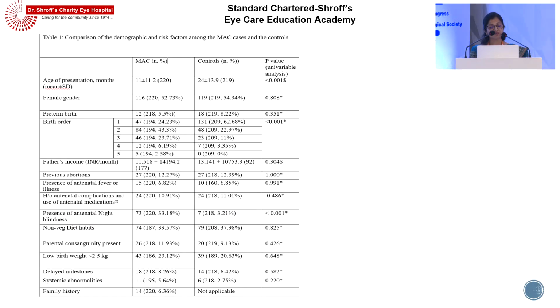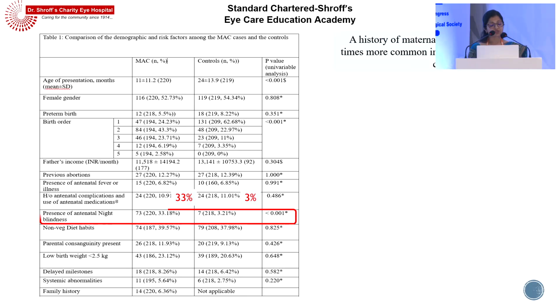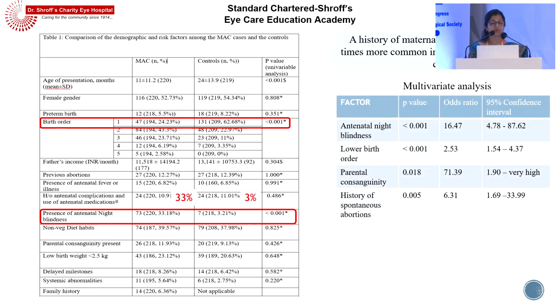So moving ahead, we conducted the study, and as expected, we found that maternal night blindness was around 33% in the MAC group as compared to 3% in the control group, which was almost 10 times more common in the MAC group. Additional factors which the multivariate analysis showed were the birth order and history of spontaneous abortions, apart from parental consanguinity.